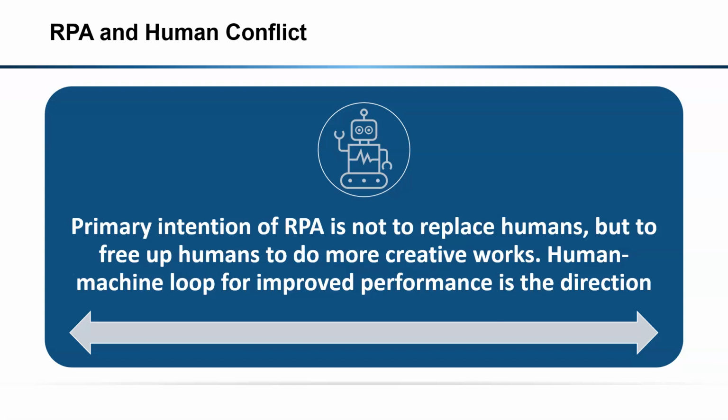And yes, there is going to be an impact on some jobs, which we have seen, but as enterprises, they can improve the efficiencies by having the right amount of bots and humans. That is what RPA is helping with here.